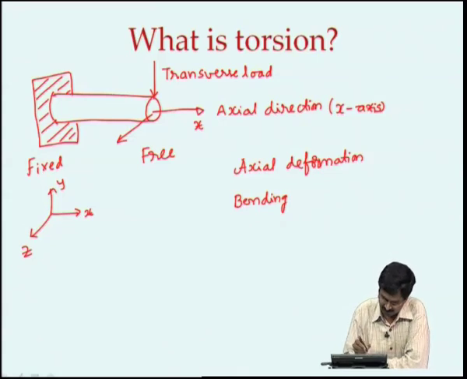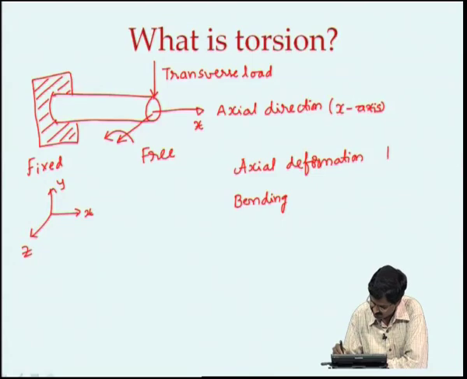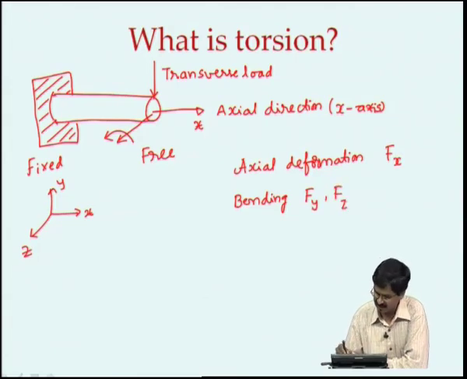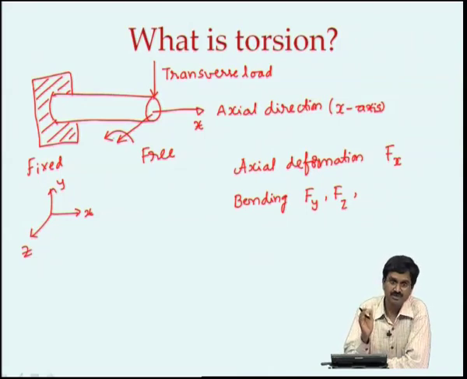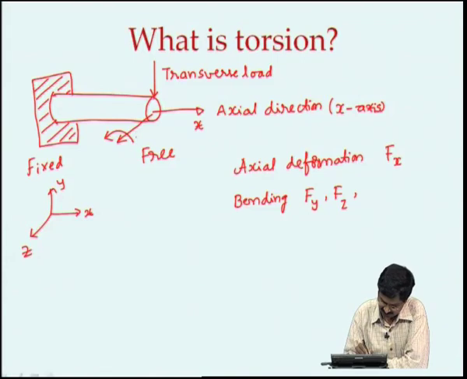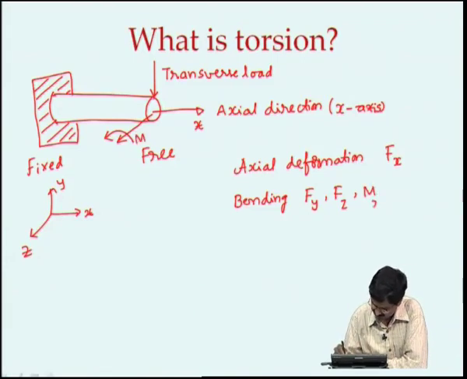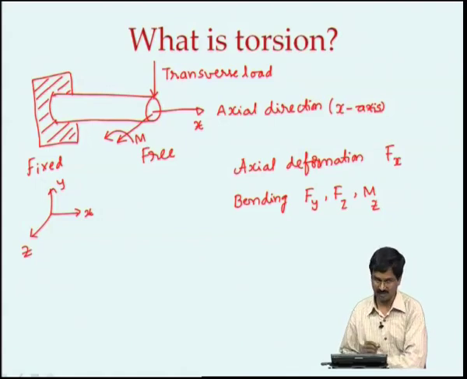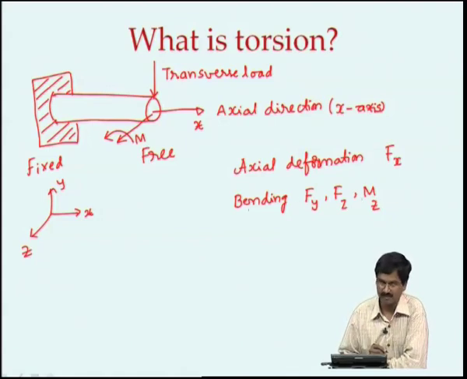If there were a moment about, let us say, the z axis, whose effect is to turn something, we have studied that moment as well, and its effect is also bending.